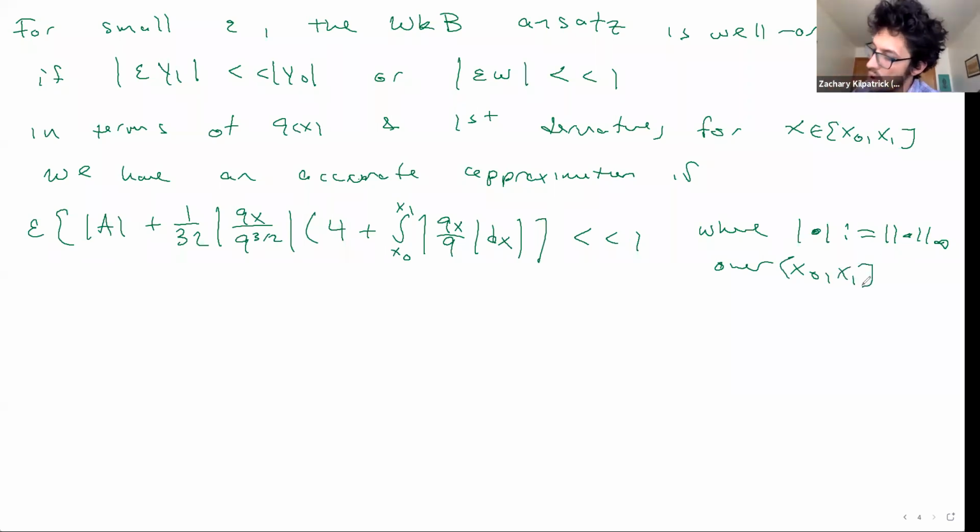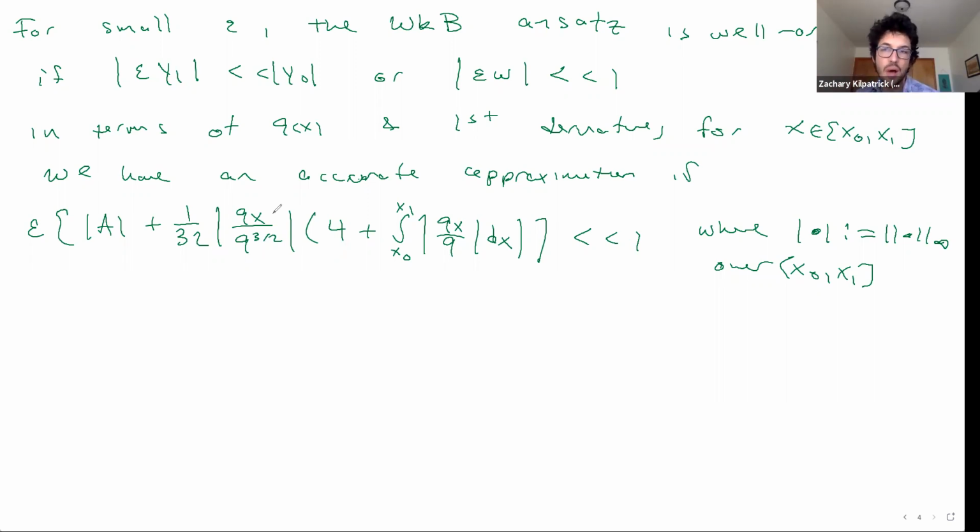Okay, so as long as this is all well behaved, which means that you can't have q vanish, and you can't have infinite derivatives, you have adequate smoothness and same sign of q.